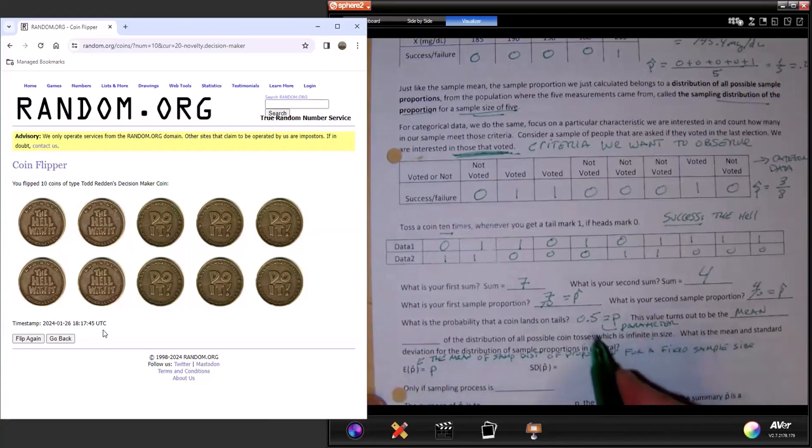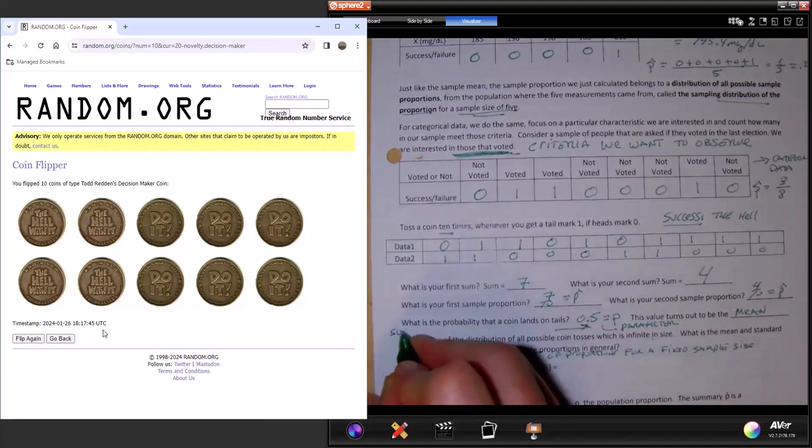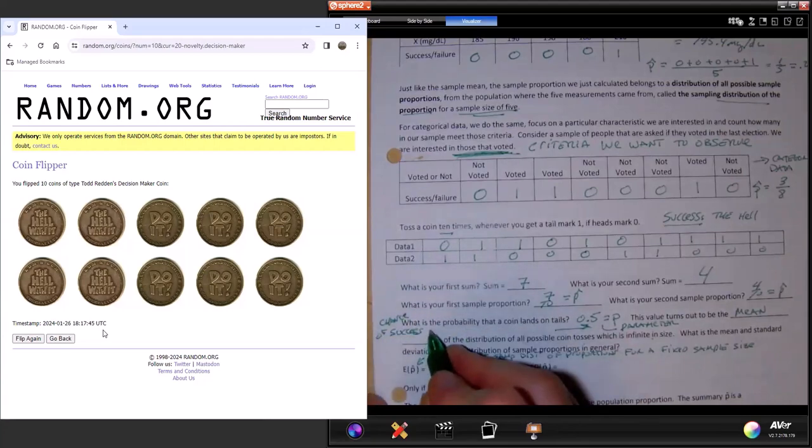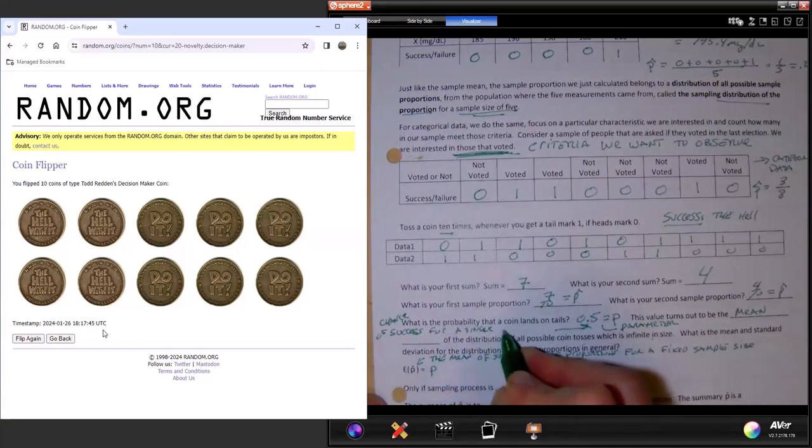So it just turns out that, notice this number, what is this number? This is the chance of success for a single observation. So what's the probability that a coin lands on heads? 50%.